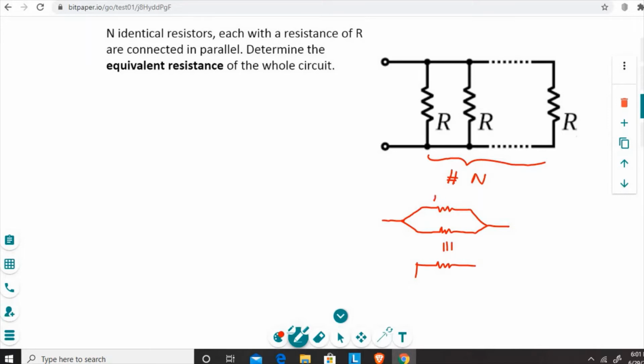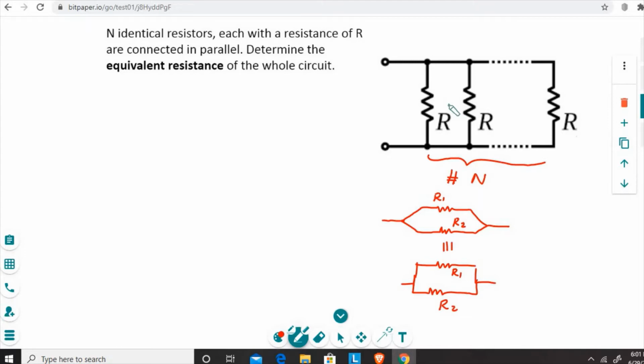Let's say this is like R1 and R2, I think from our previous example, and here R1, so this is going to be the same one. So that's why, even if you see it like this, you should understand that here what you have is a system of resistors that are in parallel with one another.